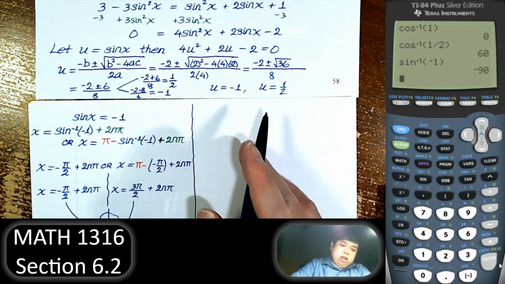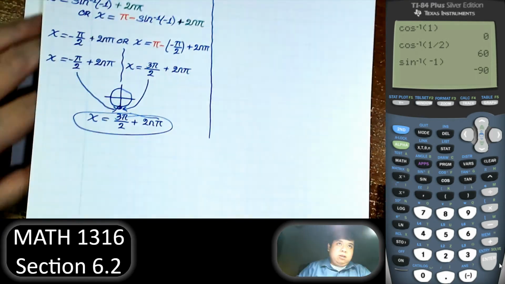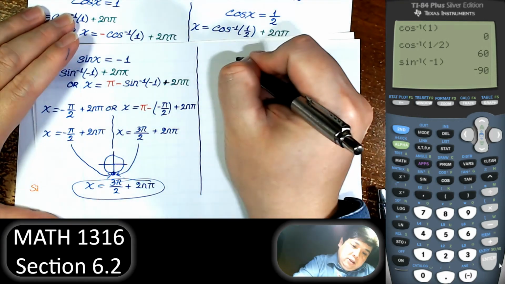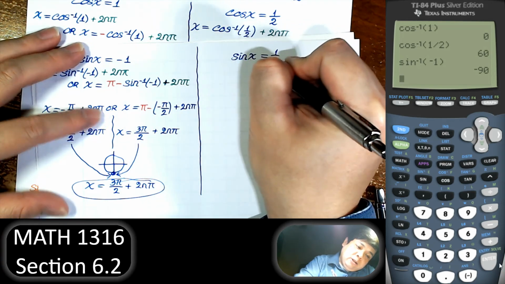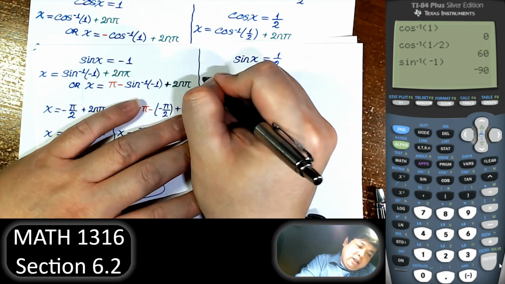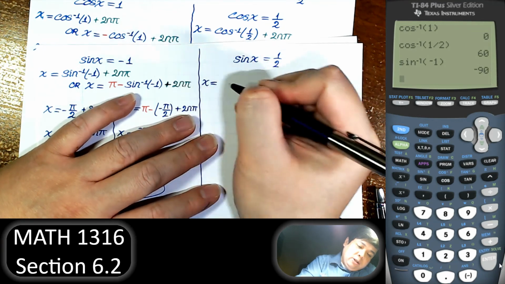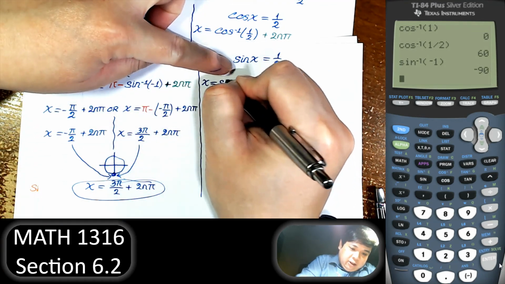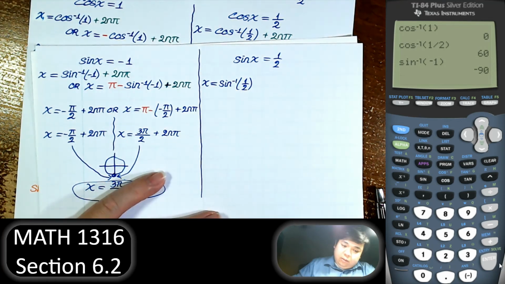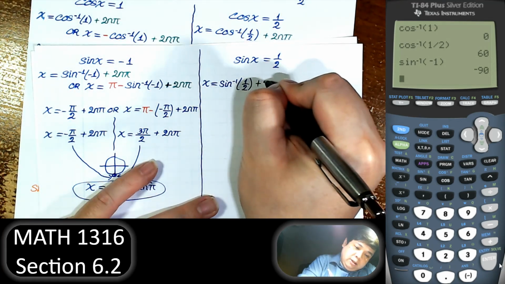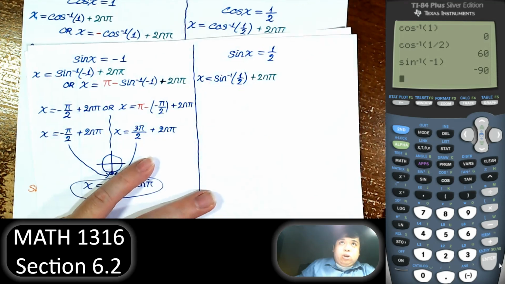Now the other part is u equal to 1/2, or sine x equal to 1/2. So we have x equal to the sine inverse, or the supplement.